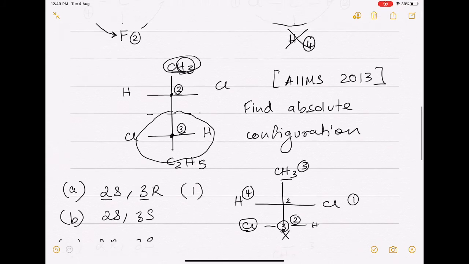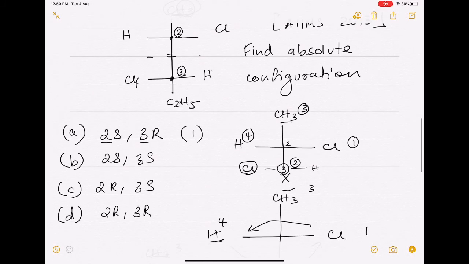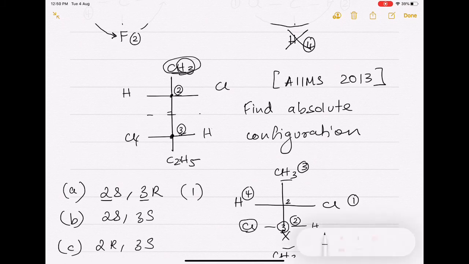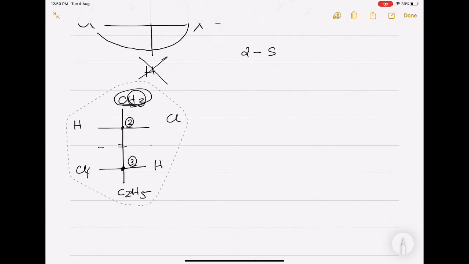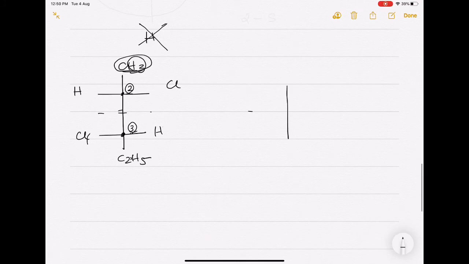Now let's take a look at 3. C2H5. This is the third carbon, just for reference.